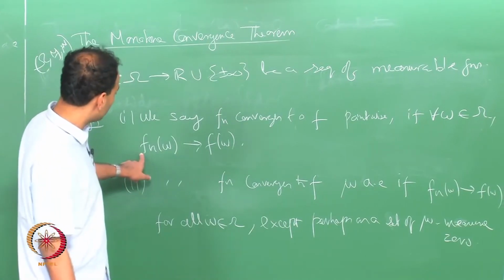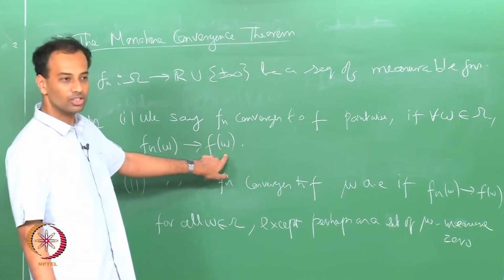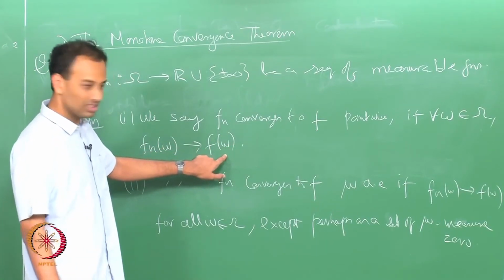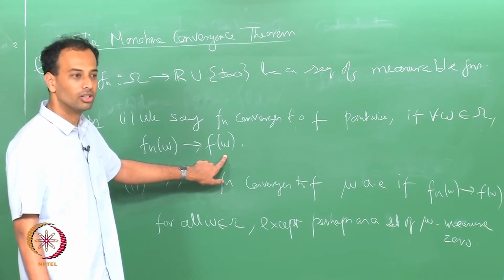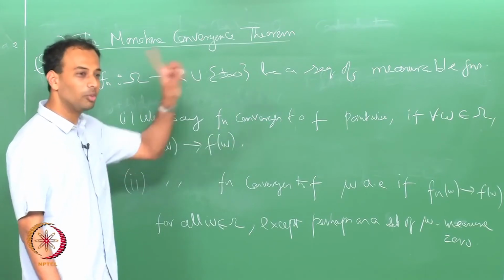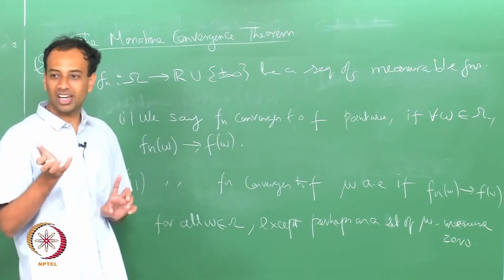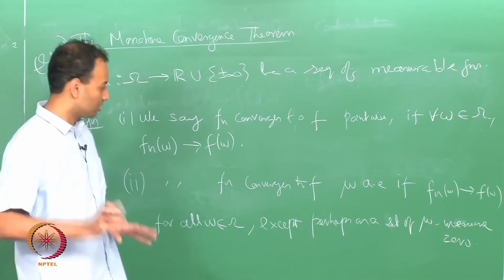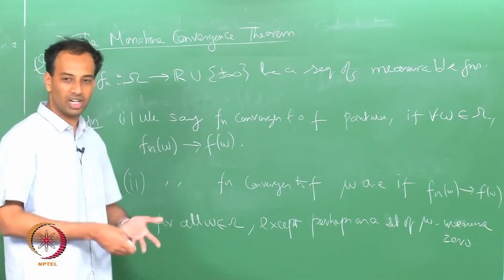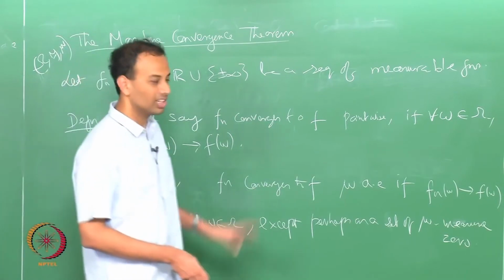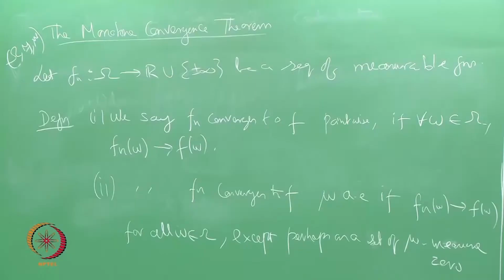There we have a sequence of random variables x n, where x n of omega converges to x of omega, not necessarily for all omega in the sample space, but on a set of probability 1. There may be zero probability omegas where the convergence does not happen. So, this is almost sure convergence when you are talking about convergence of random variables. I will write that down explicitly a little bit later when we study convergence of random variables.